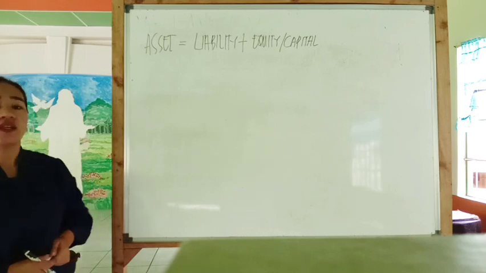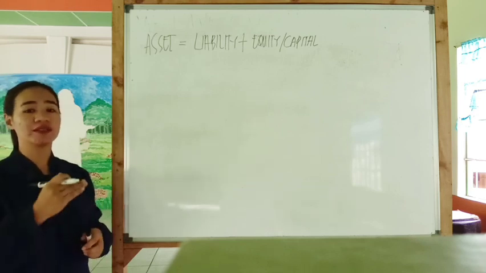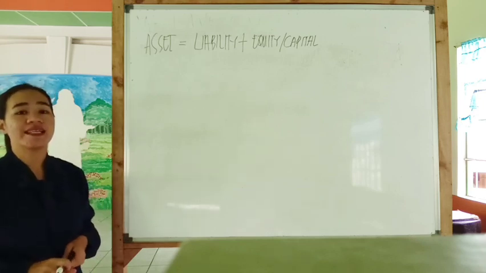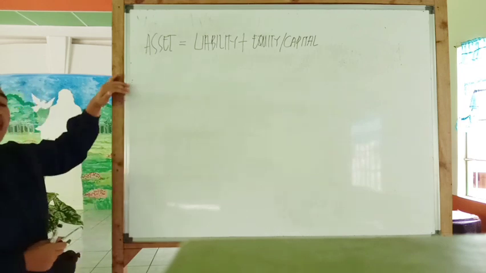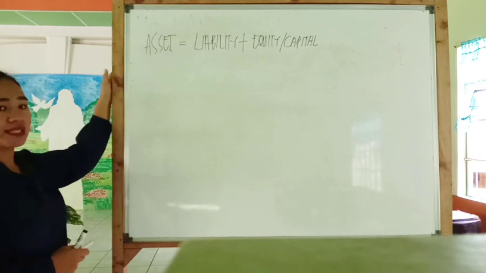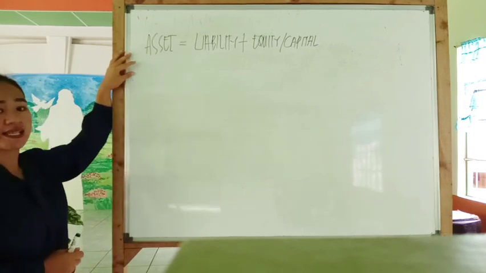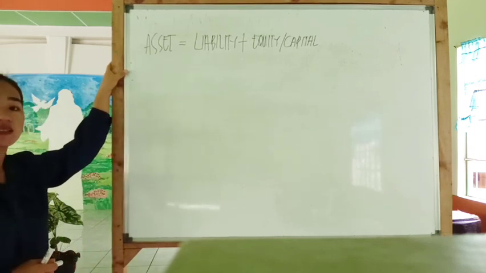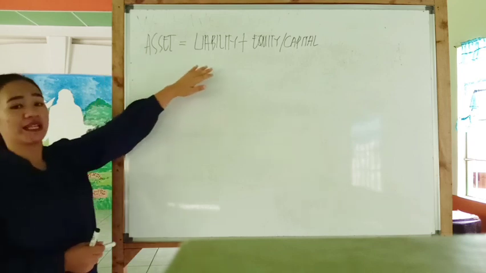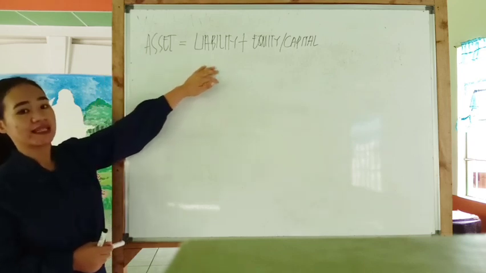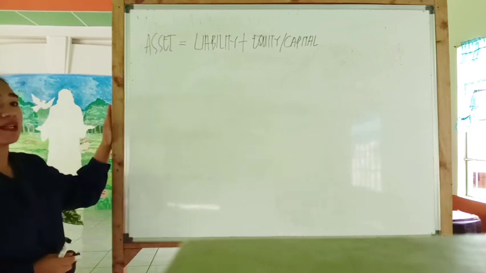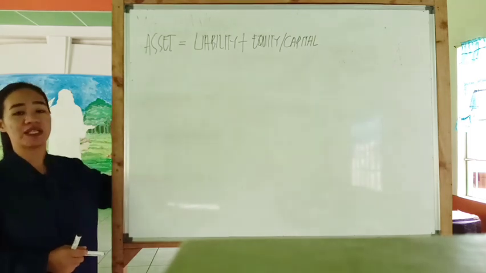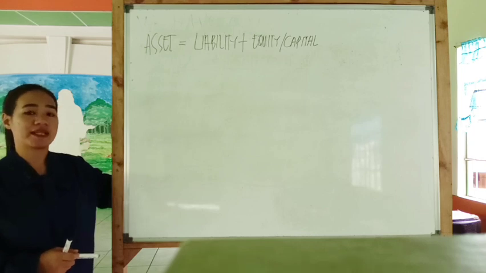And then, in your unit 2, if you are going to read that one, there are listed examples of your elements. By the way, last time we also discussed that for your asset, you have current asset and then non-current asset. For your liability, you have current liability and then non-current liability. That is very important because you will use that in the preparation of your financial statements.